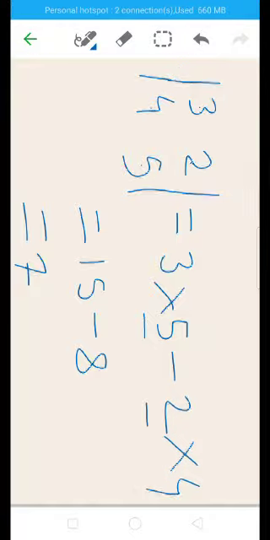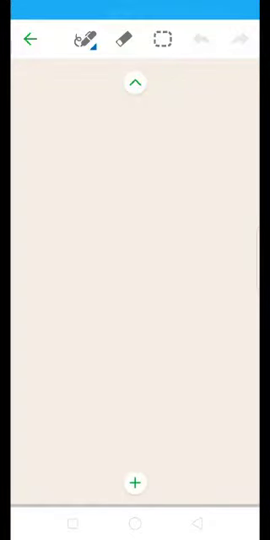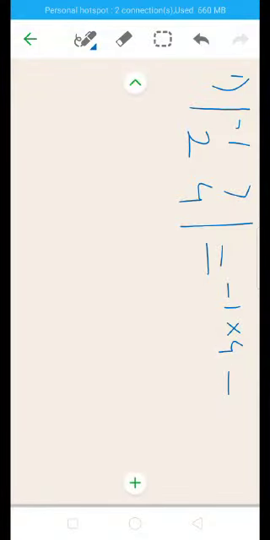Now see question number 2, sub question 1. In sub question 1 we have to find the value of the determinant. In the first column there are minus 1 and 2, in the second column there are 7 and 4. We multiply this minus 1 with this 4, minus 1 multiplied by 4, minus 7 multiplied by 2.